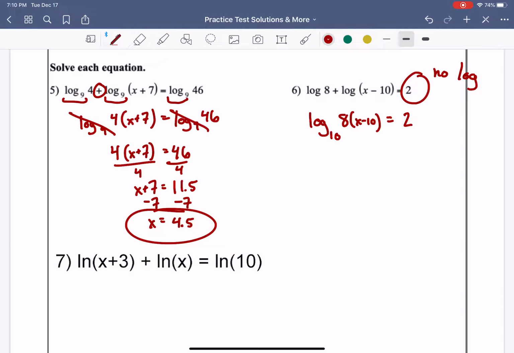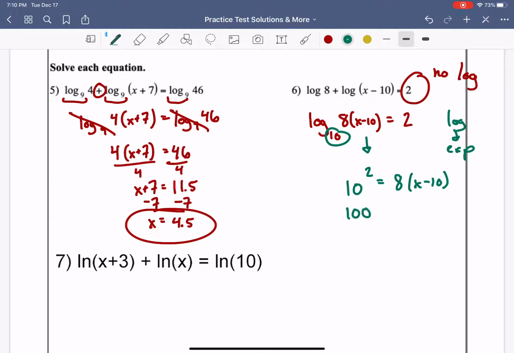This one's the example where we only have log on one side, so we actually need to convert it from a log into an exponential. So here our base is 10, then we take the other side of the equal sign, so 2, and that equals what we're taking the log of. So that's how we get our exponential.